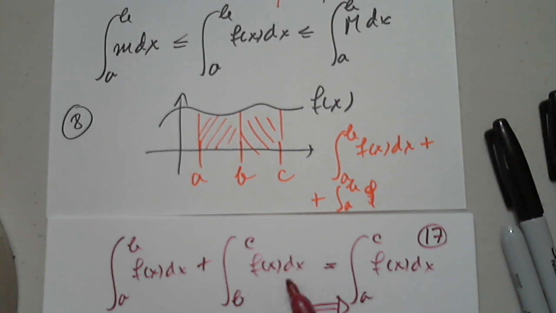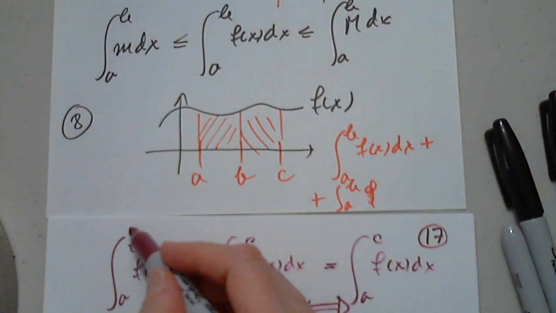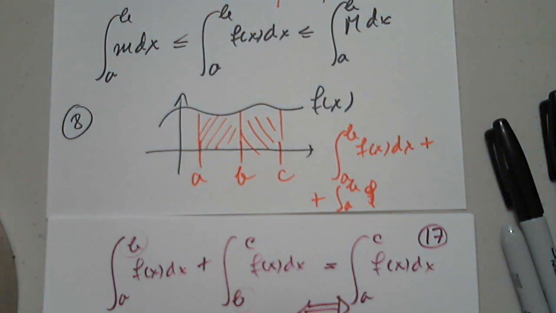I can split the integral into two pieces or more. Or if I add two pieces, remember, there can be no gap. So the integral from a to b plus the integral from b to c is the same as the integral from a to c of f of x dx.